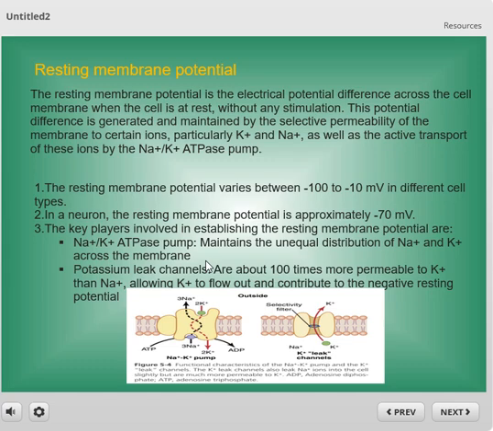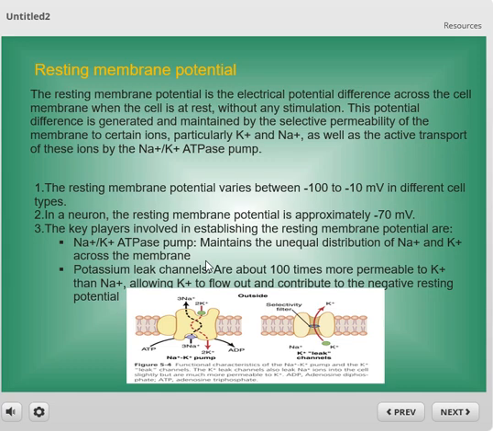So in the resting membrane potential, the potassium ions are very, very important, and the sodium ions have no role in forming the resting membrane potential, because the membrane is about 100 times more permeable to potassium than sodium, and the potassium leaky channels allow the potassium to flow out and contribute to the negative resting potential.